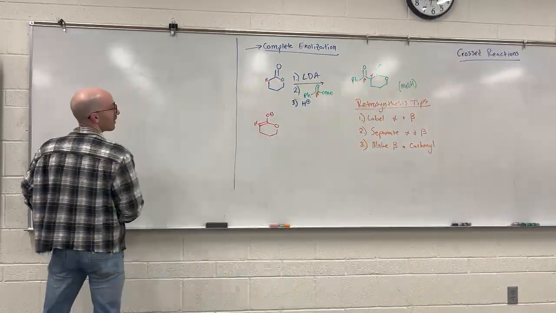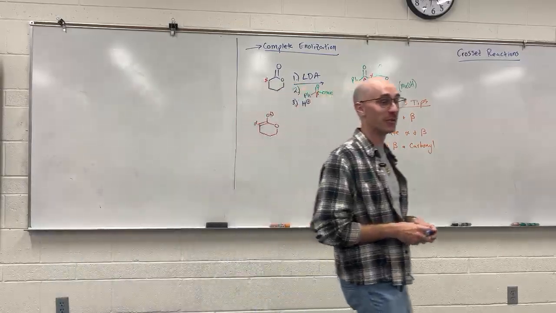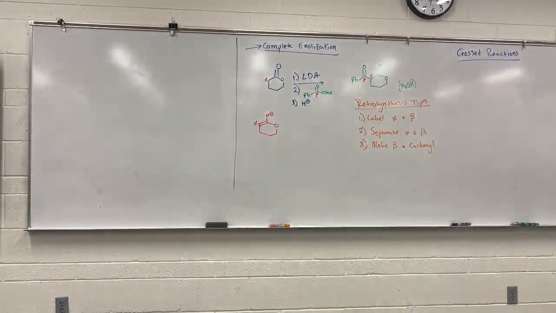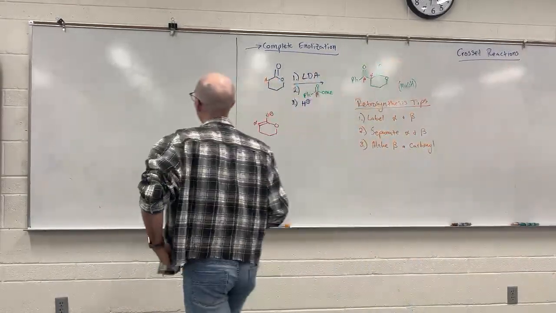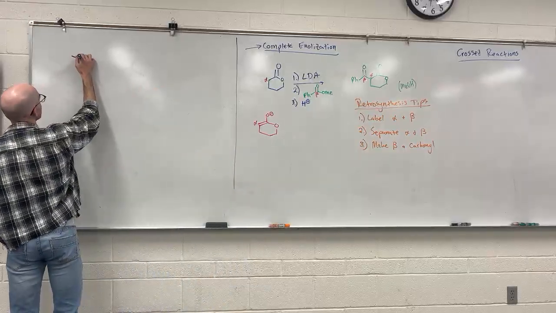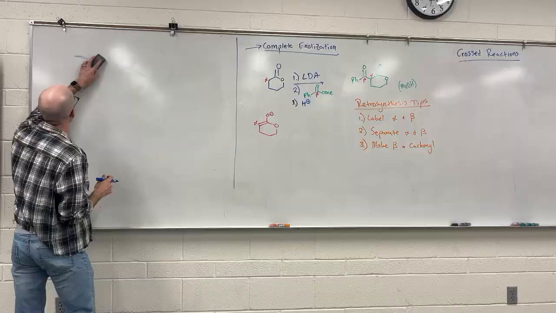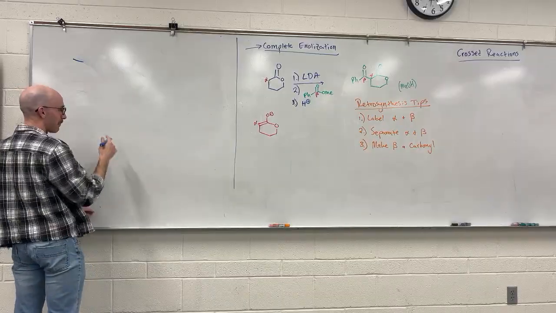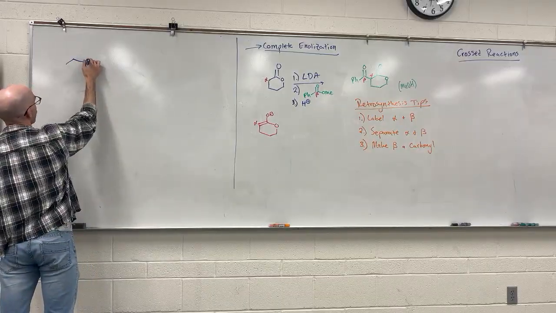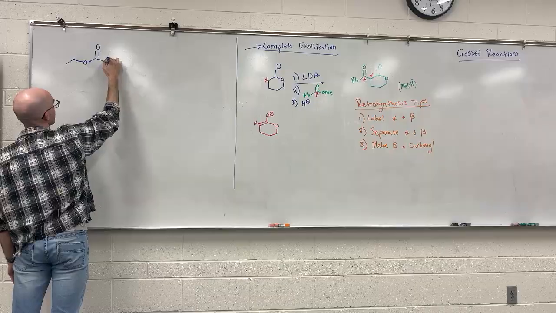What functional group do you see in the bottom product? Give me more. How are you going to map alpha and beta if all you have is an ester?